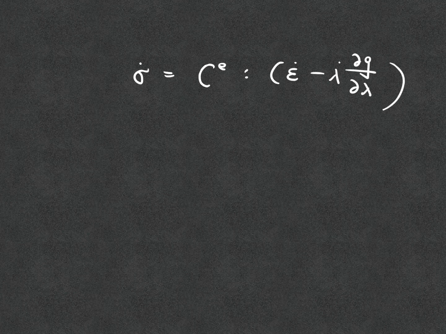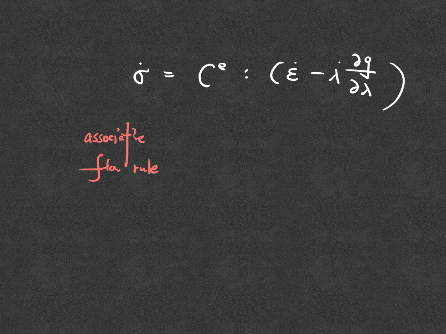Okay, but here I introduce a new concept, G. What is G? G is actually potentials. So in general, when we write the J2 plasticity, a lot of times we will use something called the associative flow rule.